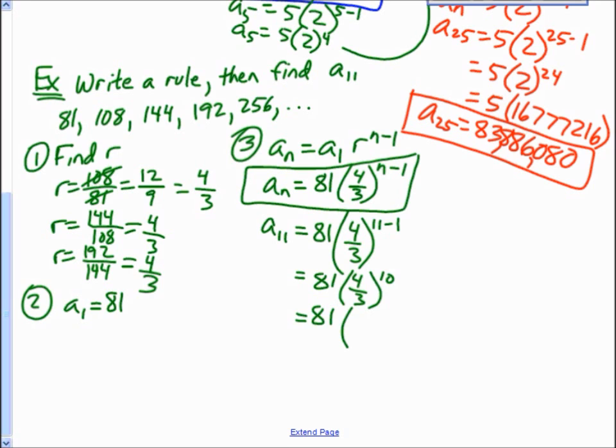Okay, so that's 4 to the 10th. That's a big number. I'm just going to spit out the approximation here. I'm going to go 4/3, and I'm going to take that 1.3 repeated to the 10th, and then I'm going to multiply by 81 in front. Times 81, 1438.38, approximately 1438.38.